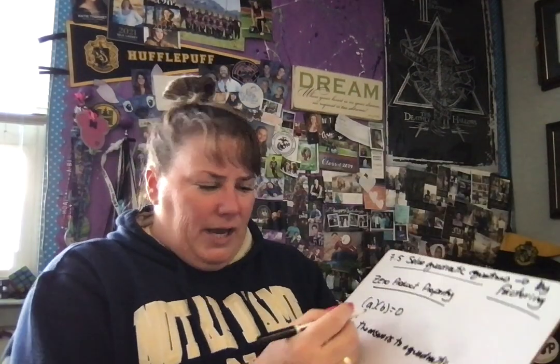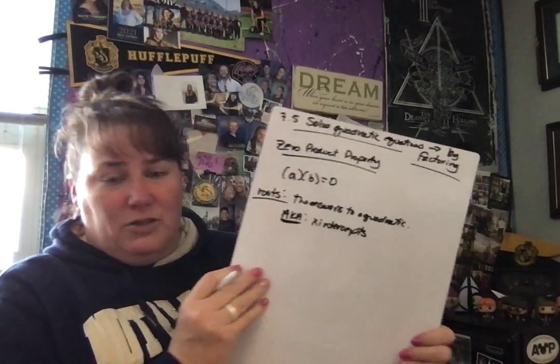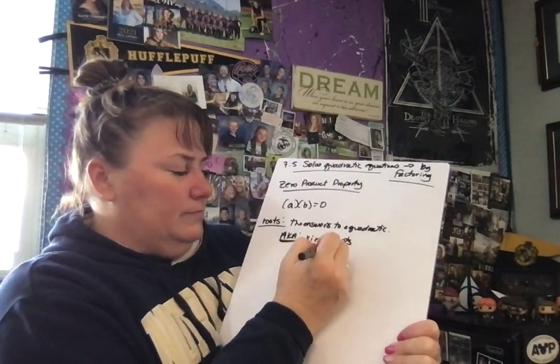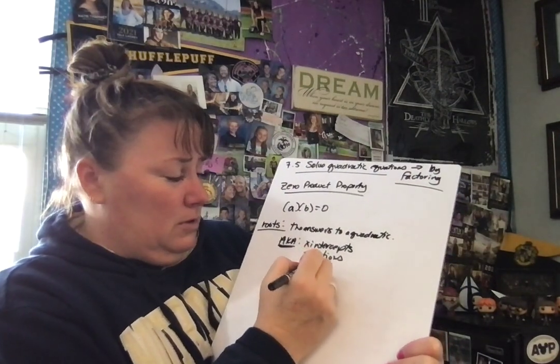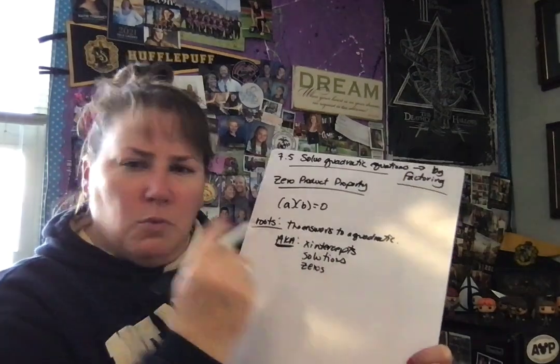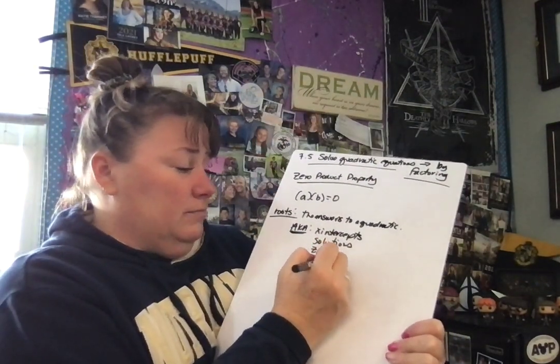Now, these are also known as, AKA, x-intercepts. That's my favorite. Okay, x-intercepts. It's also known as solutions. It's also known as zeros. You're going to use the word zeros more when you guys are in Algebra 2. You can have roots of the function.